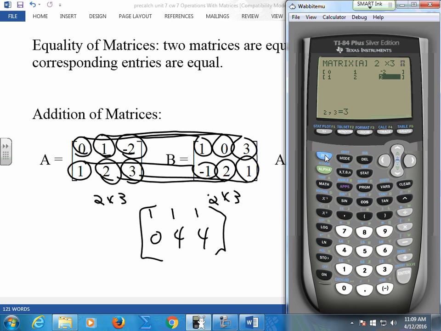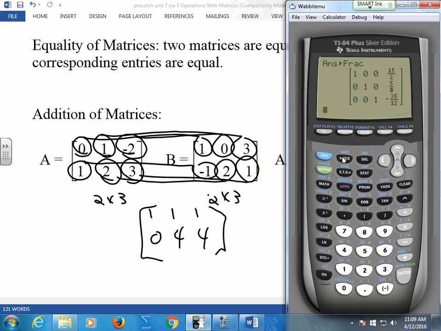Make sure you quit. Now, go to matrix B. Edit. Come down to B. Put matrix B in. It is a 2 by 3. As soon as you put your new dimensions in, it kicks in for you. So rewrite right over whatever was there. And quit it.